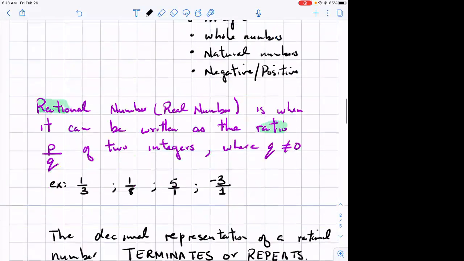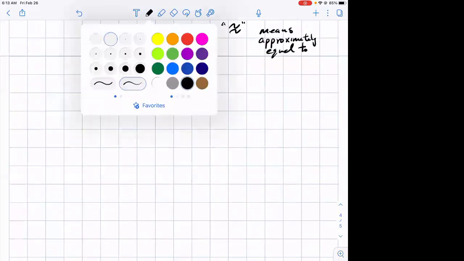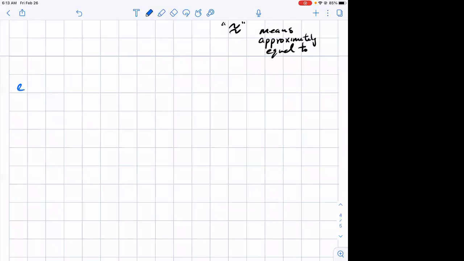So if I give you a set of numbers, let's look at an example. Remember, sets are enclosed in curly braces.